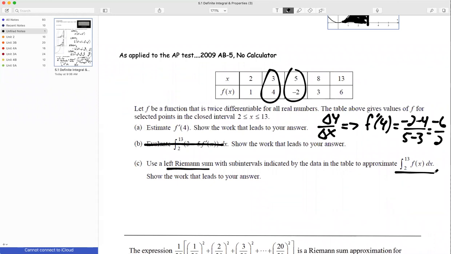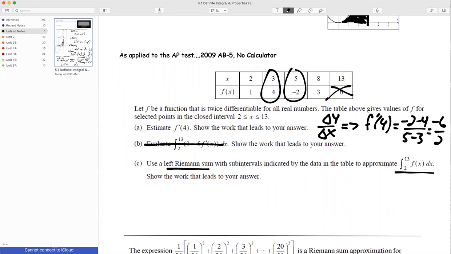All right, so they want me to use a left Riemann sum using the data that they give me in the table to approximate the integral from 2 to 13 of f of x dx. Okay, so when I'm using a left Riemann sum, I do not use the, is it the first or the last? It's the last one.